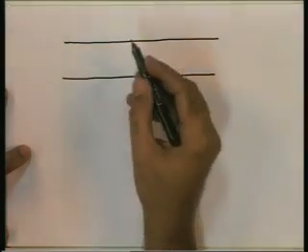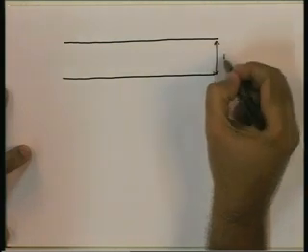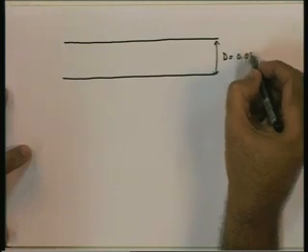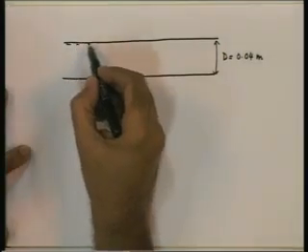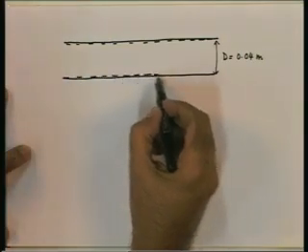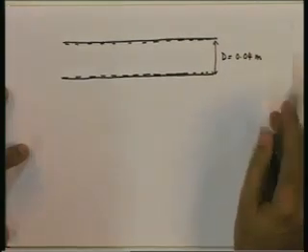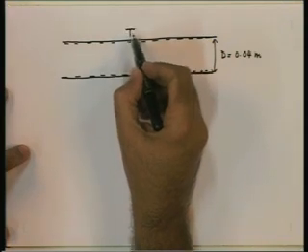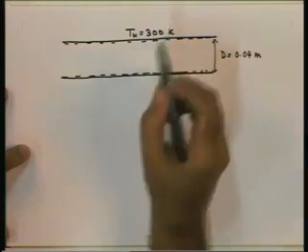We have the tube. The tube diameter is 4 centimeter. The inner surface of the tube is wetted, and let us assume that T wall is also at 300 Kelvin.